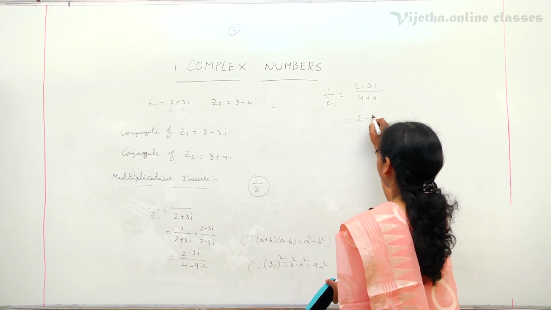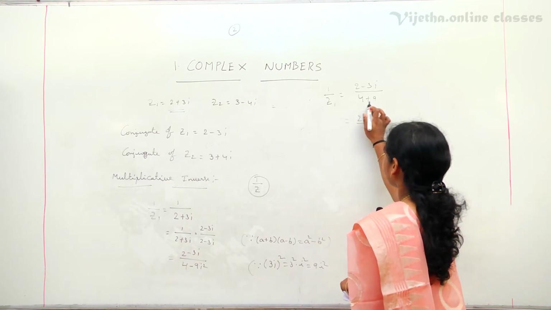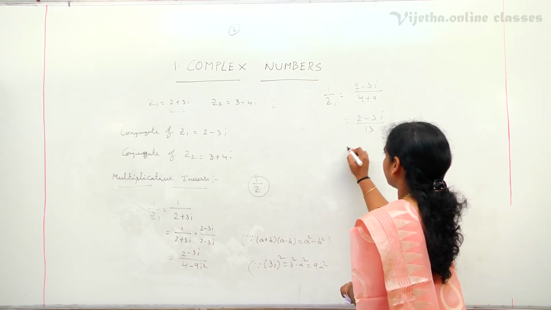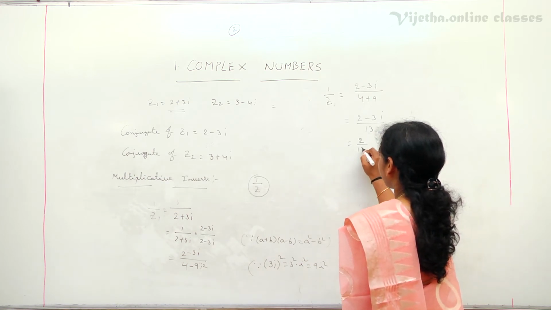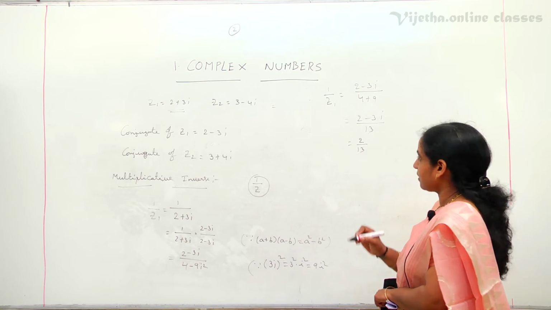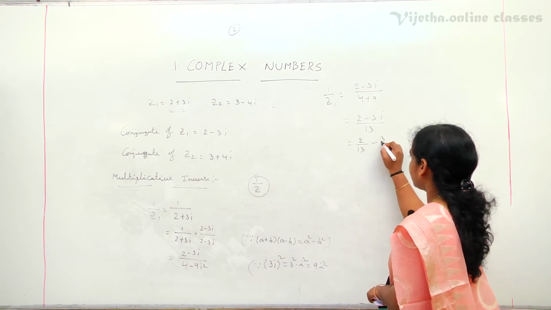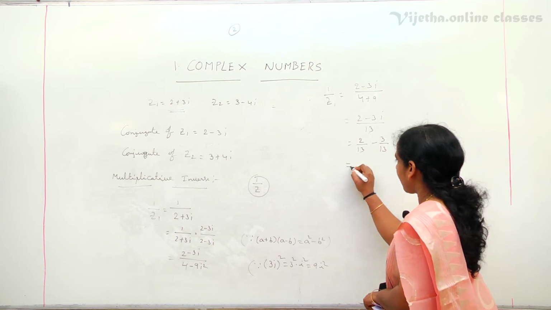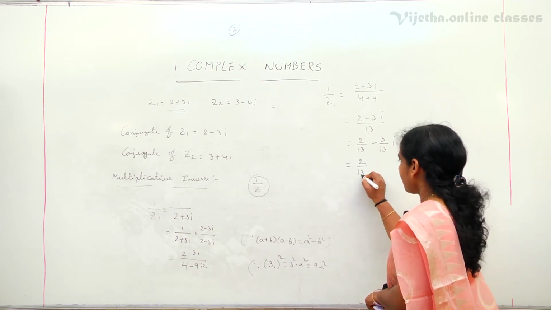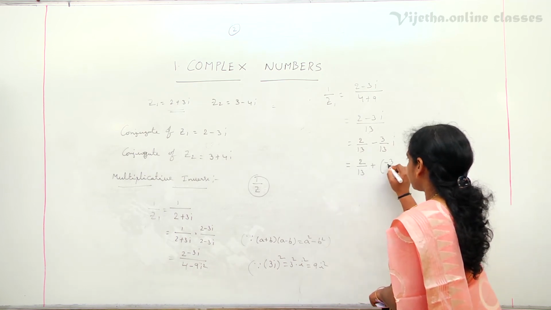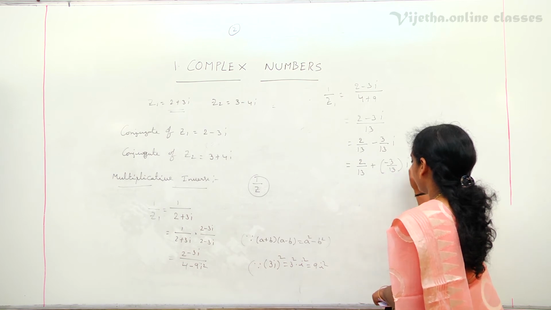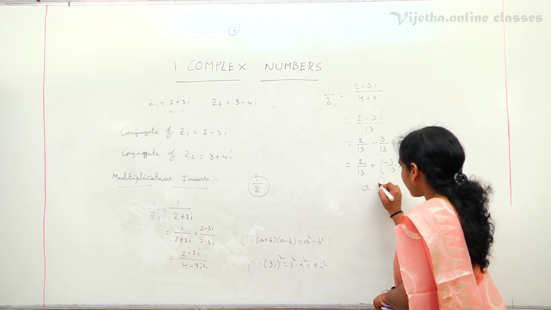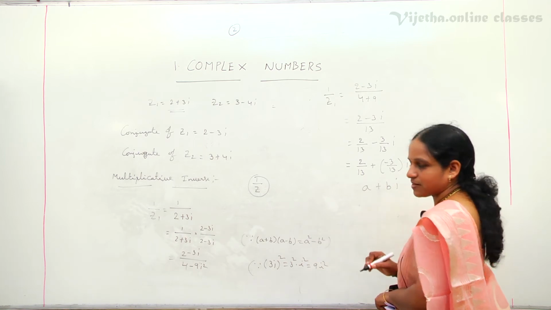So 2 minus 3i by 13. Now separate the fraction: 2 by 13 minus 3 by 13 into i. It can also be written as 2 by 13 plus minus 3 by 13 into i. Now it is in the form a plus bi, the complex number form.